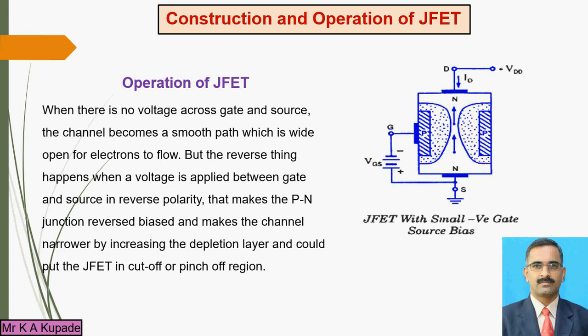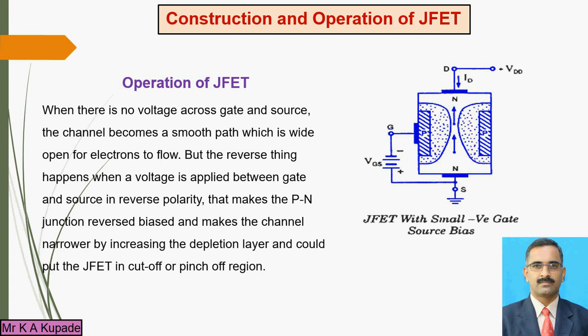That means whenever there is no gate voltage, there is a large amount of current flowing from the source to drain. But whenever you apply a negative or reverse bias voltage to the gate terminal, then as you slowly increase that voltage, the barrier width, or depletion region, gets wider and the channel becomes narrower, and through that narrow region the majority carriers flow in a lesser manner.